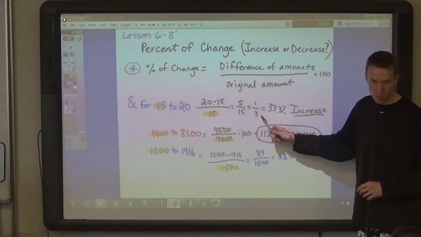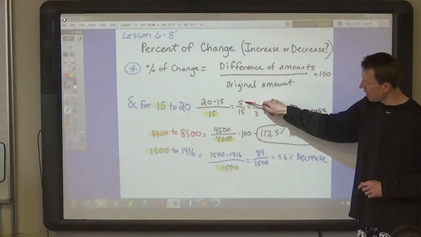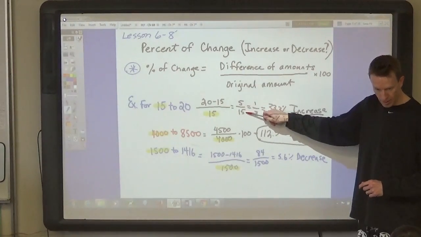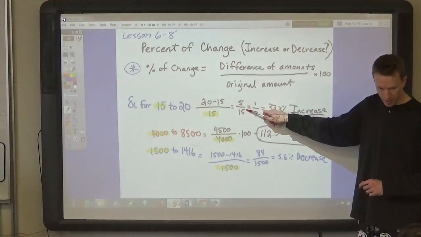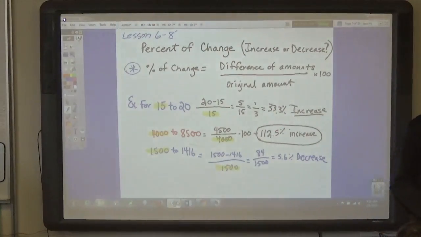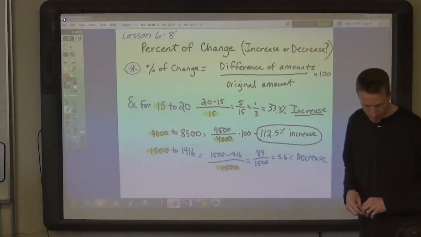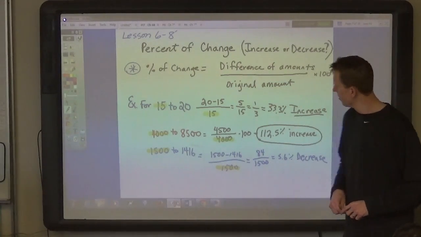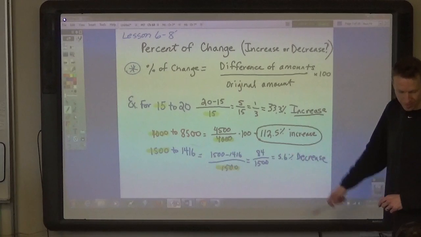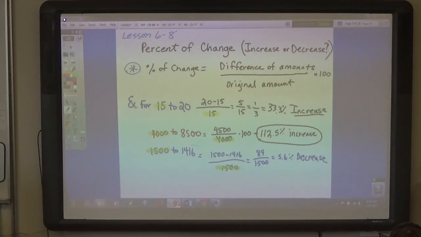To get the decimal form, divide the top number by 5. Wasn't that hard? And then what?